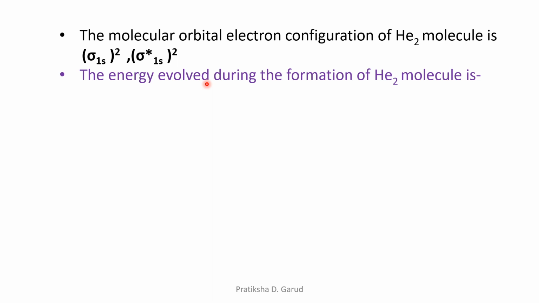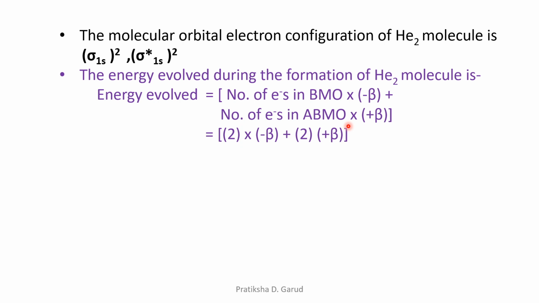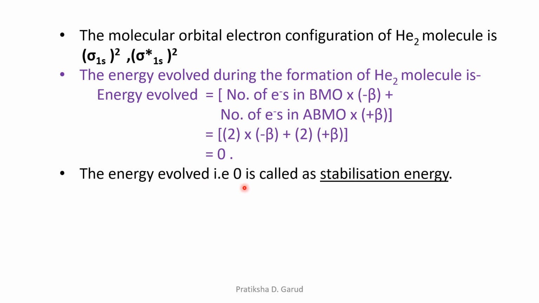Then the energy evolved during the formation of the He2 molecule is given by: energy evolved is equal to number of electrons in BMO into minus beta plus number of electrons in ABMO into plus beta. So it equals 2 into minus beta plus 2 into plus beta, which has the value 0, and that 0 value is called the stabilization energy. So the energy evolved, that is 0, is called the stabilization energy.